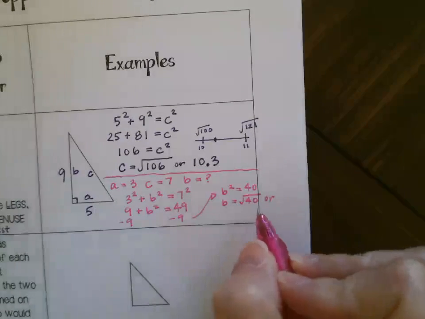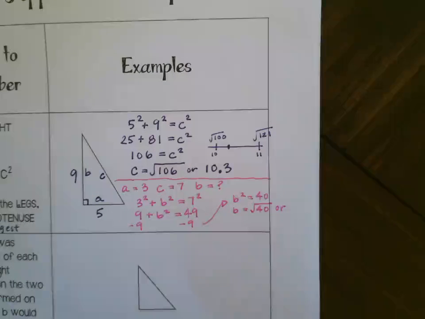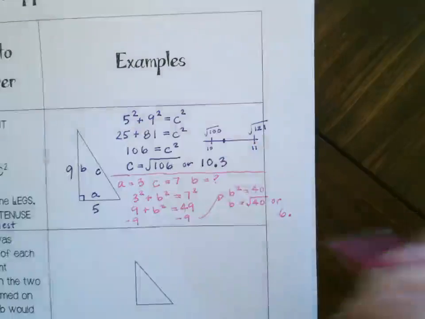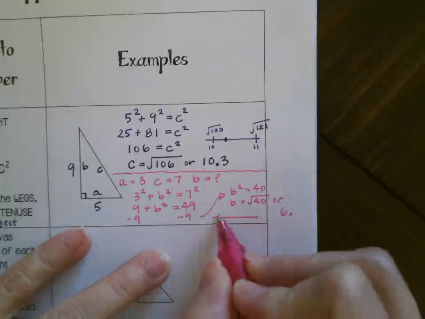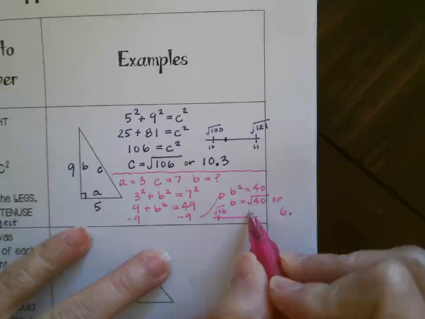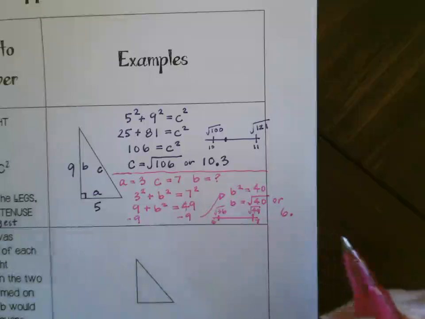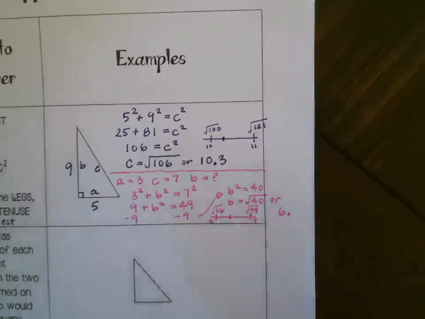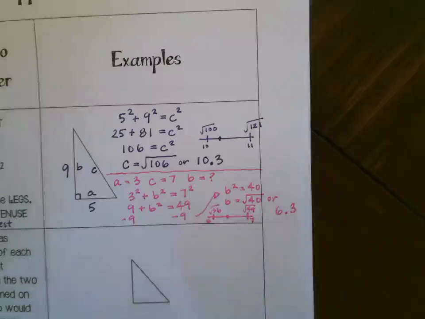What I know about the square root of 40 is that it's bigger than 6 but smaller than 7, so it's going to be 6 point something. Let's sketch this out. Here is the square root of 36, and here is the square root of 49, so that would be 6, and that would be 7. The square root of 40 is going to be a lot closer to this side than that side, so I might say maybe 6.3.